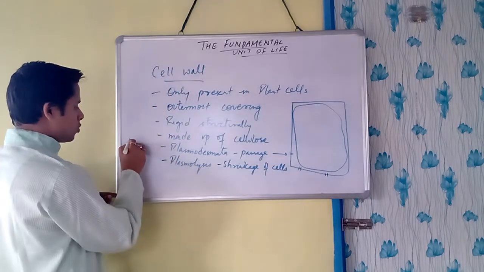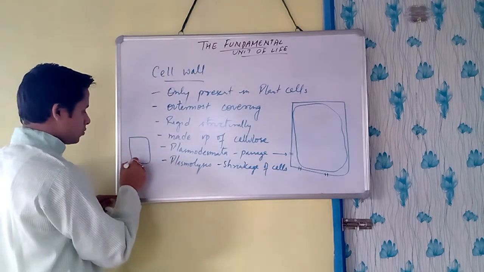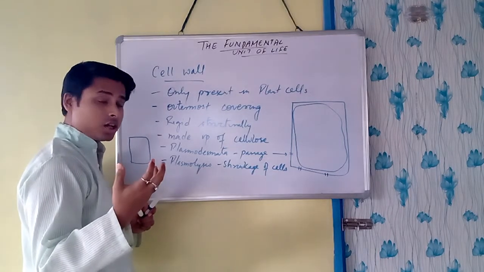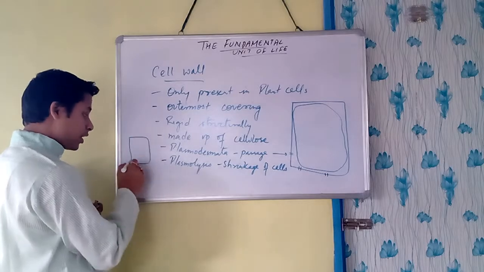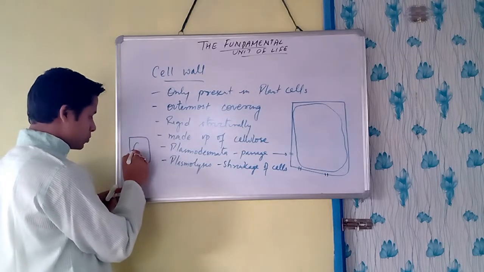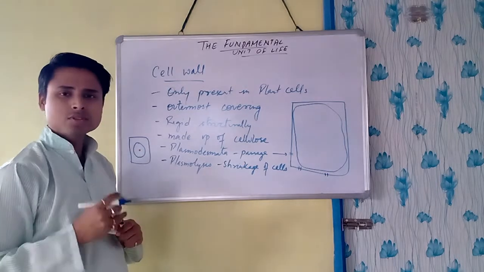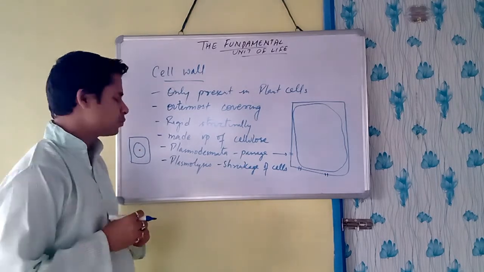What happens in plasmolysis is that the cell wall remains as it is, but the plasma membrane, due to the shrinkage, comes very close together.